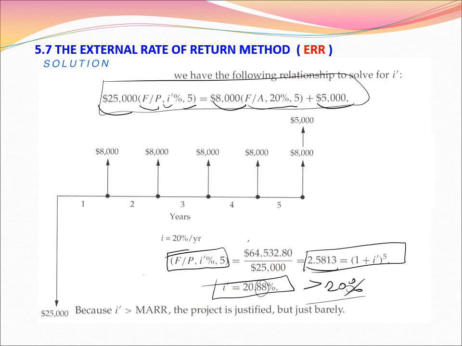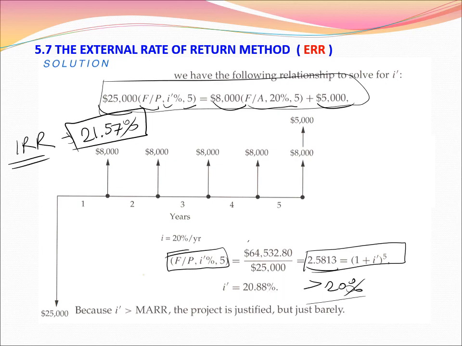But if you remember, we solved this same example using the IRR method. And in that method, we found the rate of return to be 21.57%. This was the IRR. But when you look at the external rate of return, we see that it is even less than this one. Okay, the external rate of return is less.